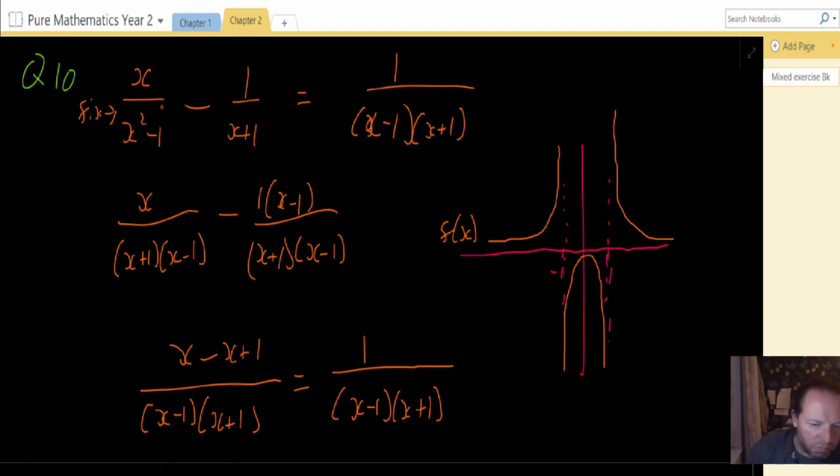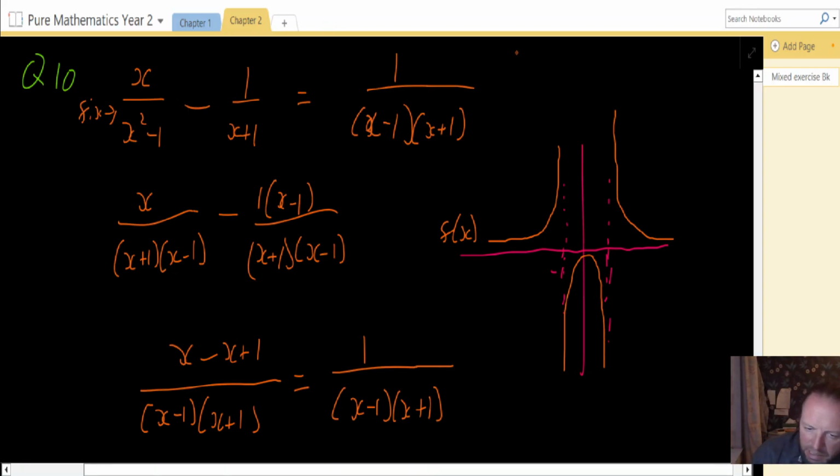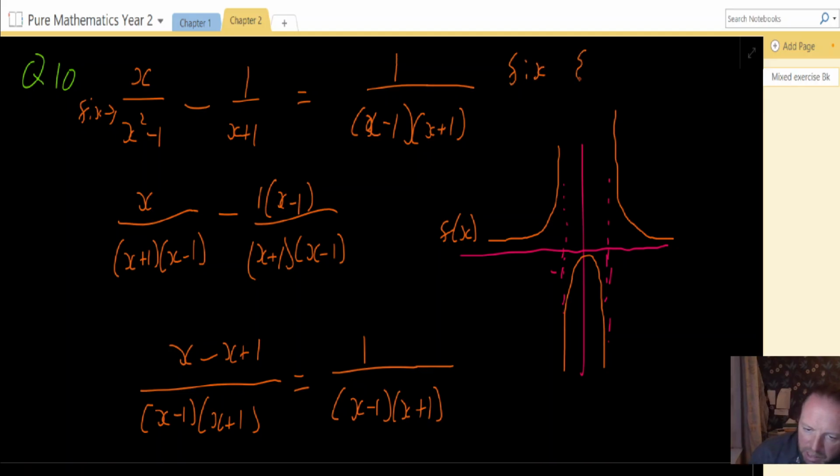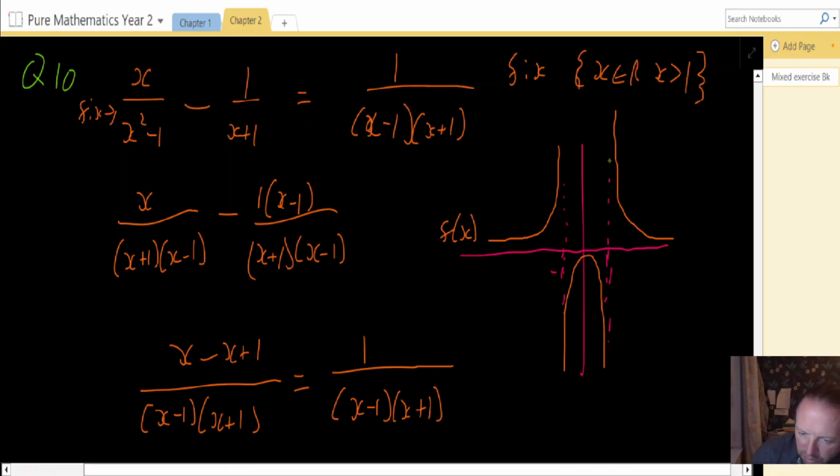Now originally we were told in the question that f of x is defined, in curly brackets, for x an element of the reals, and also x is greater than 1. So that means we can basically cut this graph off down here, and we're only interested in the stuff that's bigger than 1, so ignore all of that.